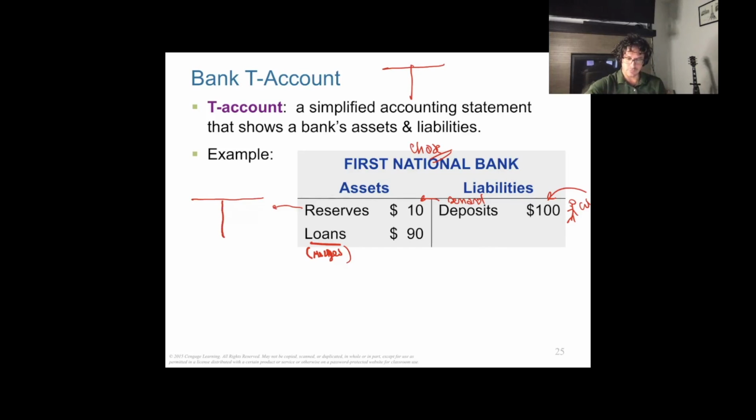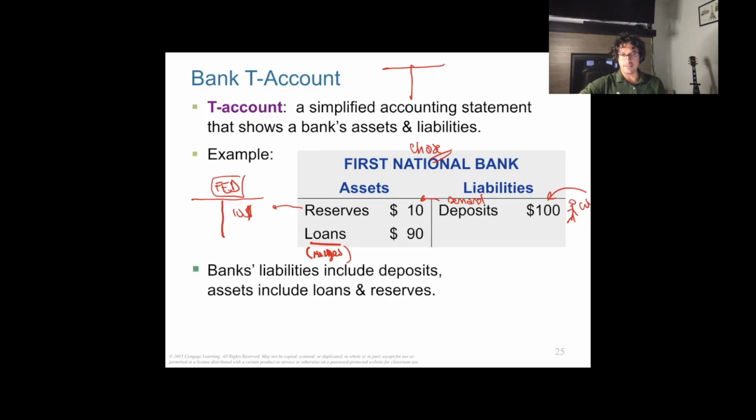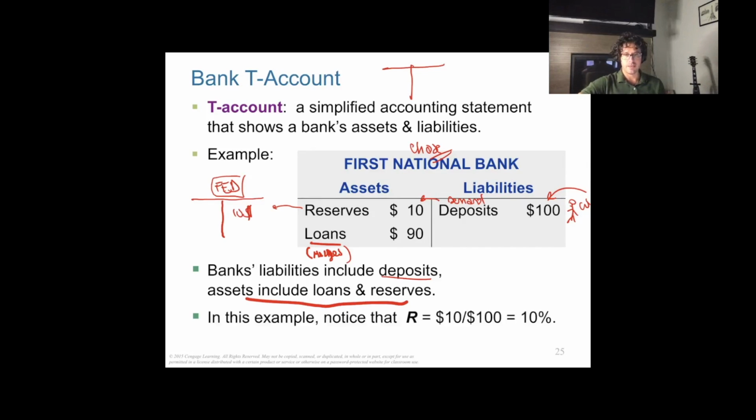Basically, these are reserves. Here is the Fed, our central bank in Washington. We receive $10. Okay? A bank's liabilities include deposits, we have seen this, and assets include loans and reserves. In this example, what is the reserve ratio? So the share of reserves in terms of deposits? Well, it is this number here over this number here, which is 10%.